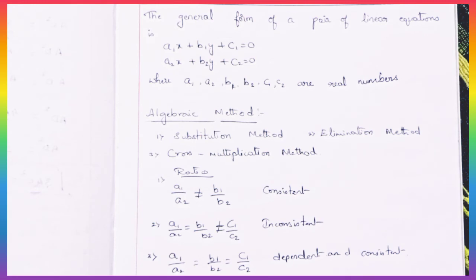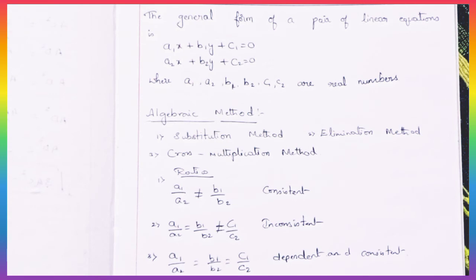If all the coordinate points of the two equations lie on the same straight line, they are coincident lines, and the equations are dependent and consistent. Finally, if the two lines are parallel, that means they are separated by an equal distance, then the equations are considered inconsistent.